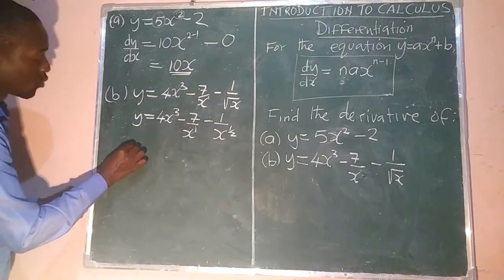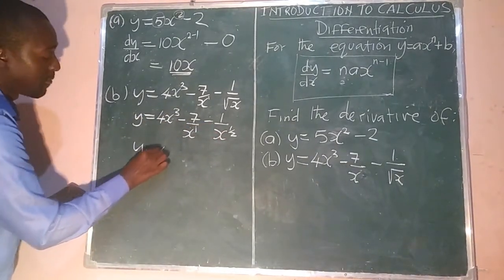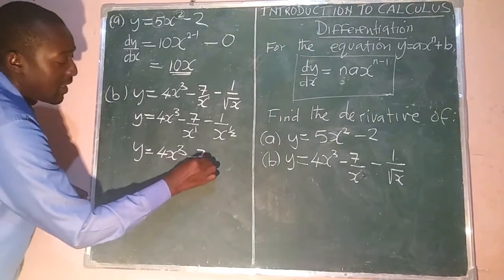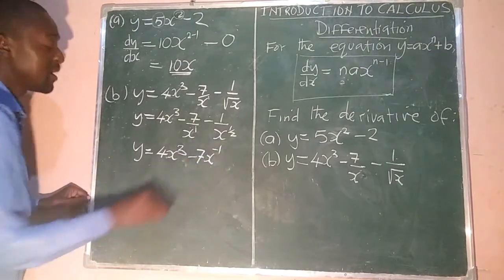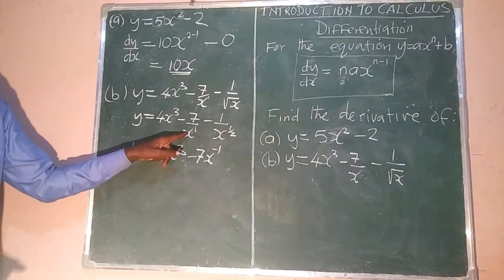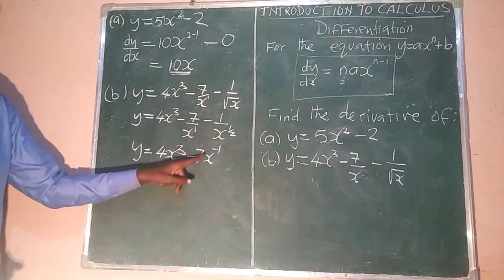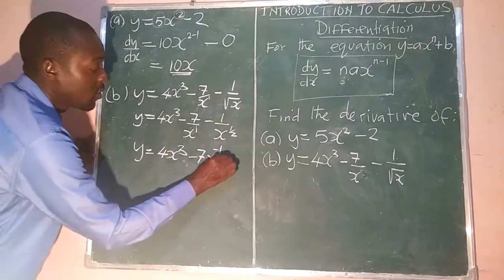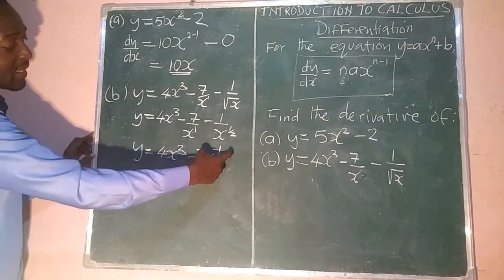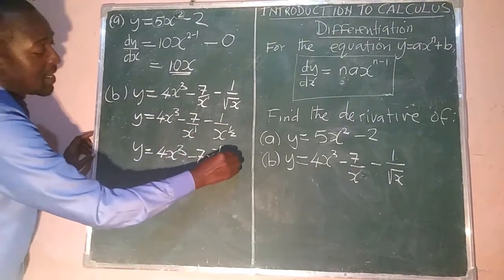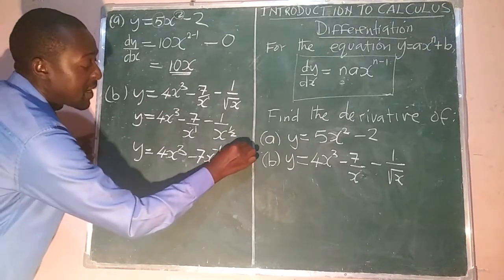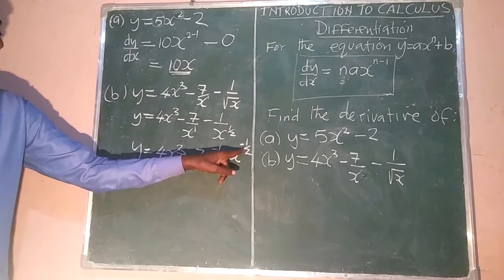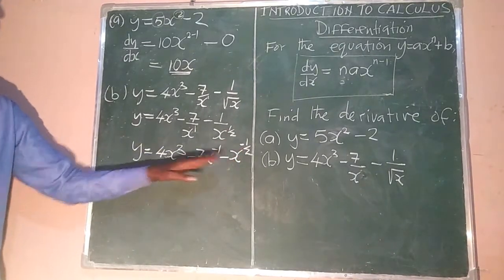So y is equal to 4x to the power 3 minus 7x to the power negative 1. The power was a positive 1, and when you write it like this, the power becomes a negative 1. And the next one is going to be x to the power negative half. So the power changes to a negative when you rewrite it like this.